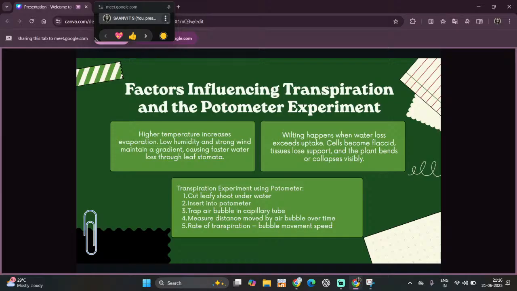Once we have submerged it into the photometer, we take it out of the water and make it stand on the bench. Post that, we check that our photometer is airtight and that there are no air bubbles in it. We then trap an air bubble in a capillary tube and measure the distance moved by the air bubble over time. The rate of transpiration will equal the bubble movement speed over a particular time period.